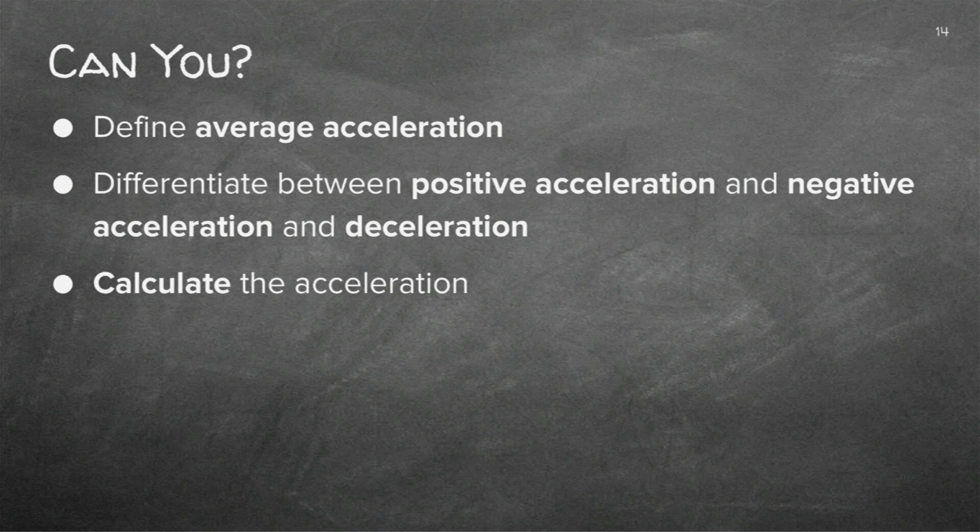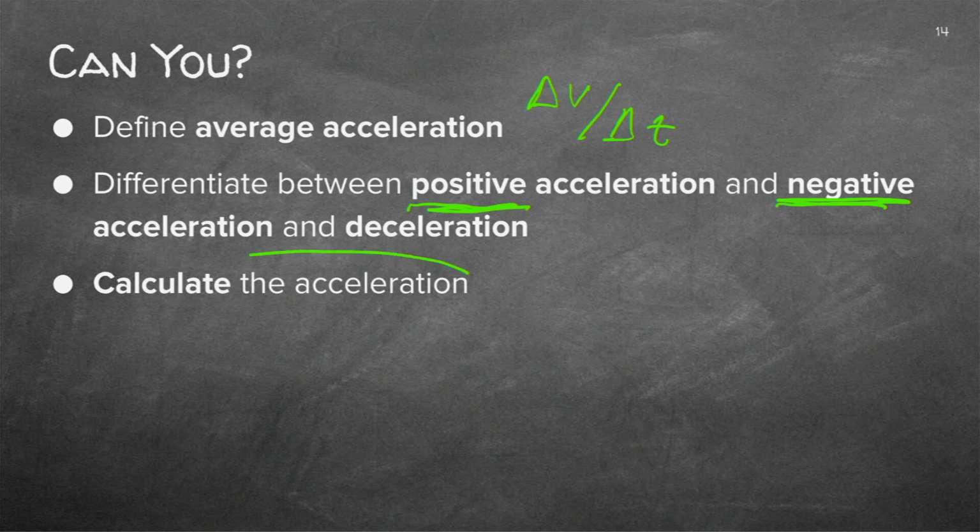Can you define acceleration? The average acceleration will be the change in velocity at a certain rate. You can actually deduce the definition if you have a look at your equation on your information sheet. And then you have to be able to say if it's in the same direction, it's positive, and if it's in the different direction, it's negative.